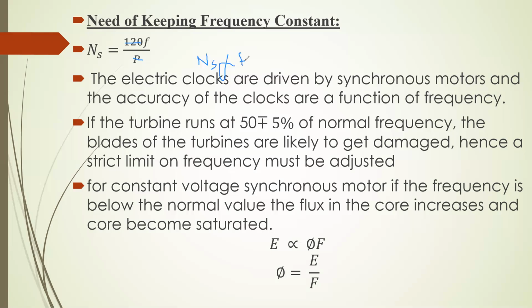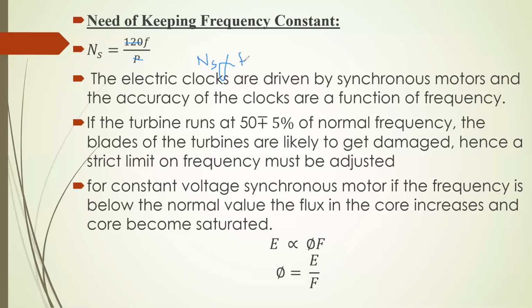The name itself says synchronous, that means it rotates at synchronous speed. The synchronous speed is 120 f by P, according to the number of poles placed in that machine, and gives the speed or the frequency. If it is rotating at synchronous speed, according to that speed it gives 60 seconds in 1 minute in this synchronous motor.